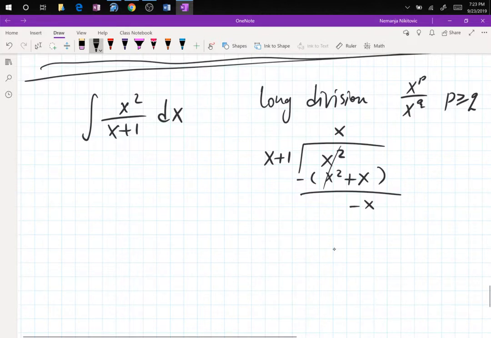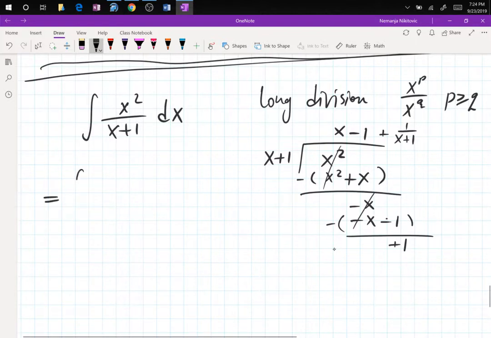And x into negative x goes negative 1. Multiply back, I get negative x negative 1. And when I subtract that, these guys cancel, and I get positive 1. So plus 1 over x plus 1 when we do the long division.